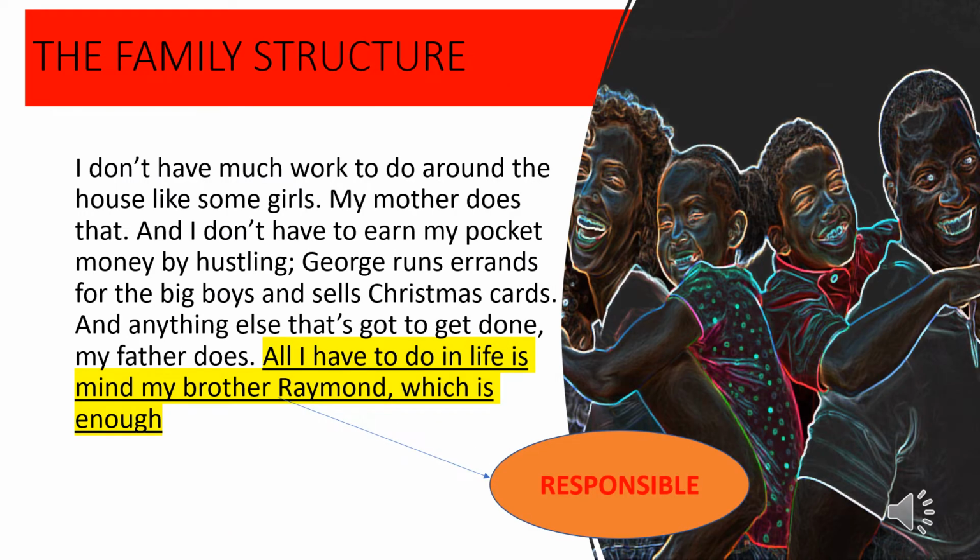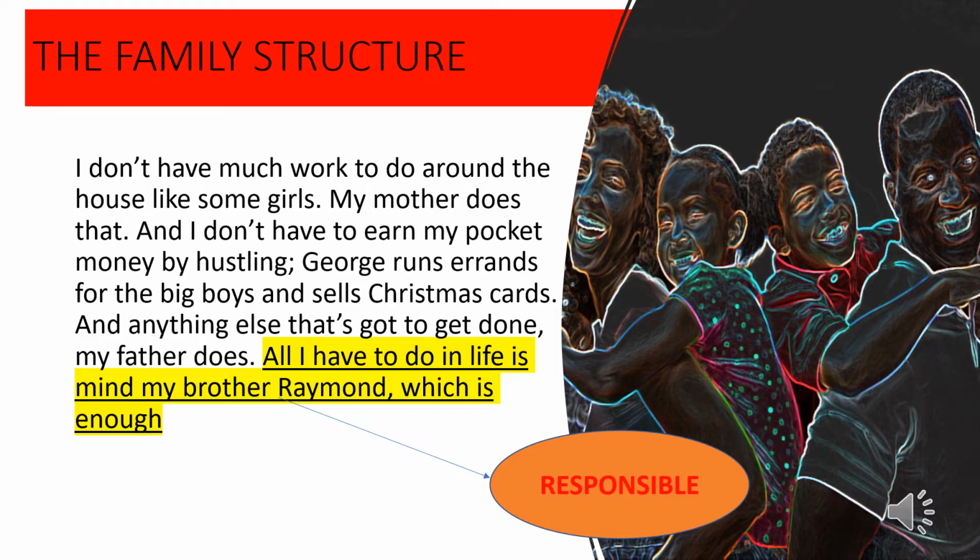We could say that Squeaky is responsible, that the narrator, the I there, is responsible. And we get that impression based on the lines, all I have to do in life is to mind my brother Raymond, which is enough.